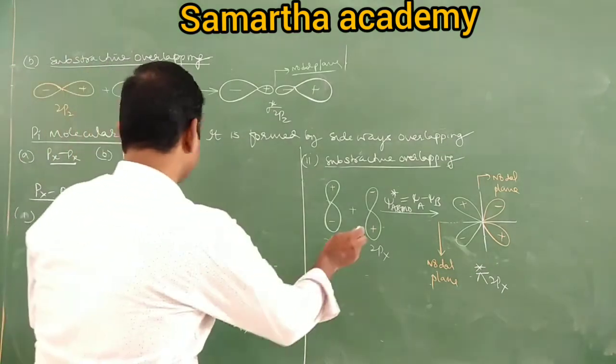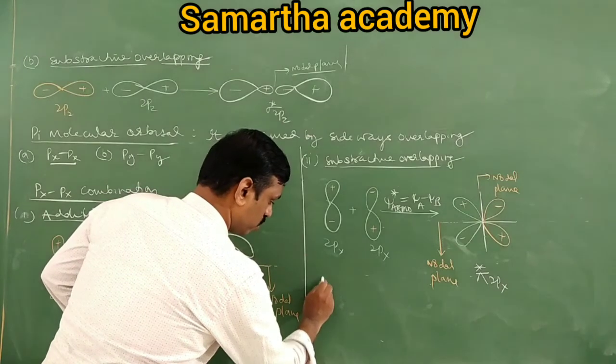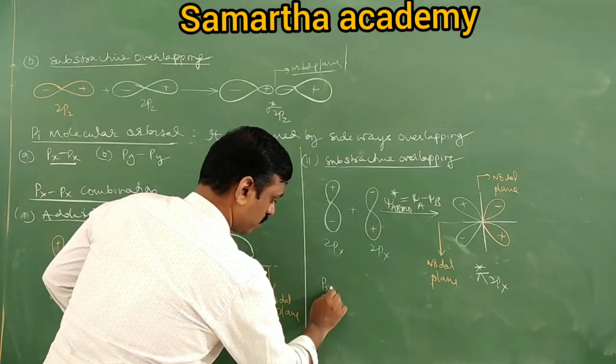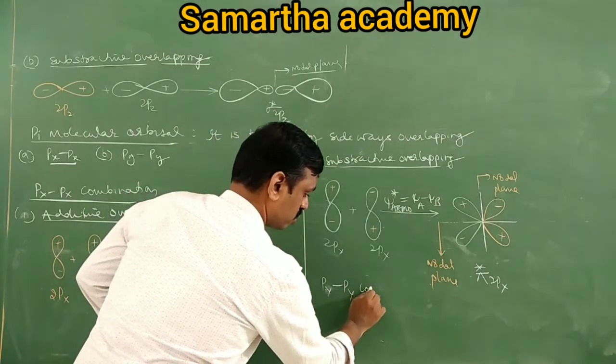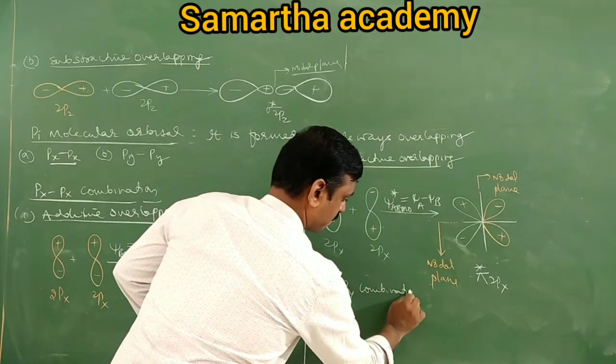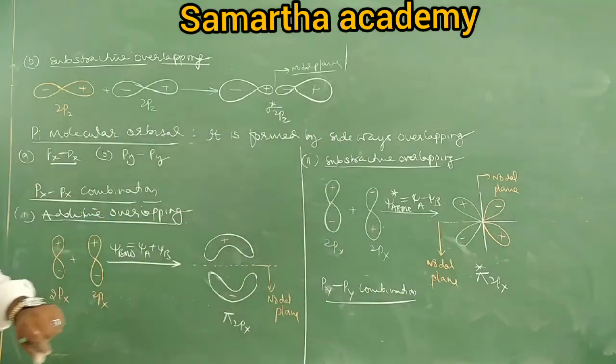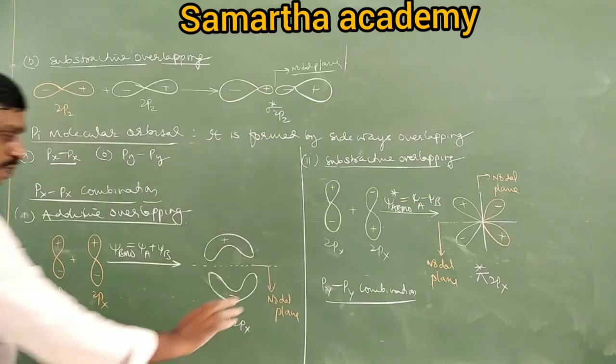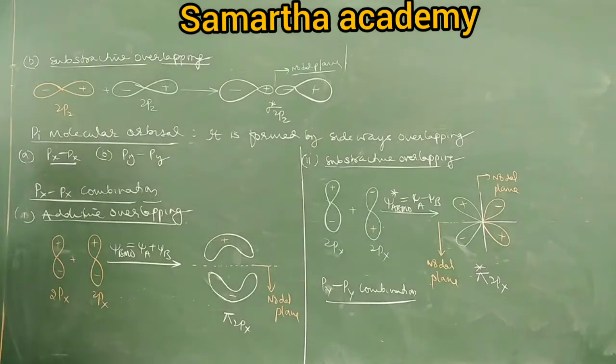Then the last one is another overlapping, what? Py combination. Now this Py orbital is perpendicular to the internuclear axis. It's just like Px, no?